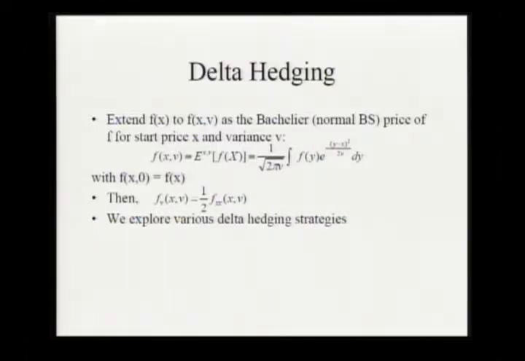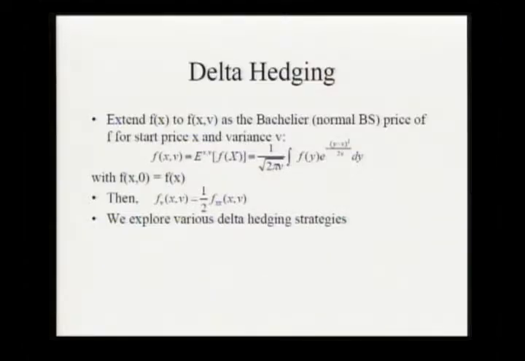As I said, we work with a Bachelier convention, not Black-Scholes. It's more symmetric, it's nicer. If I have a certain function f of x, which will be a final payoff, I extend it to a function of two variables where I have a variance parameter. It's the value of the payoff f when you're at x and still with a quantity of variance v to come.